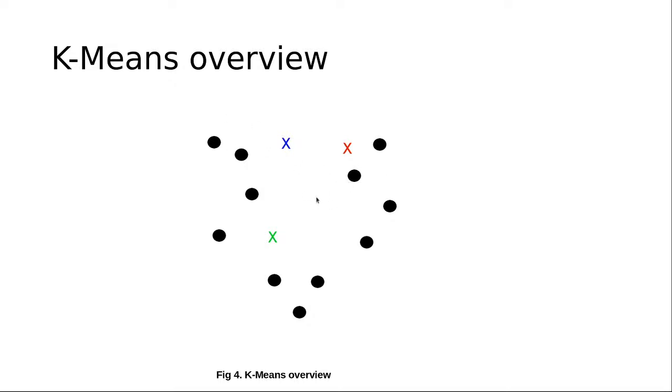As we start executing the k-means clustering algorithm, as you can see, since these points are closer to red than they are to blue, all of these are marked as red. By the same token, points that are closer to blue than green are marked accordingly, and so on and so forth.